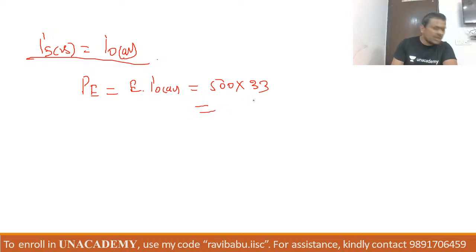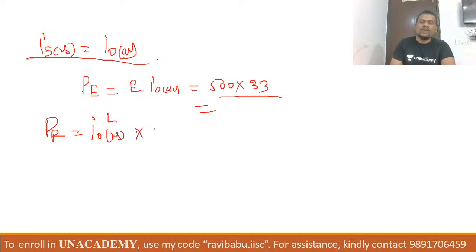We can calculate how much. Now somebody tell me PR, the resistive power loss, and this is nothing but I naught RMS square into 12 ohm. Okay, wait a minute.